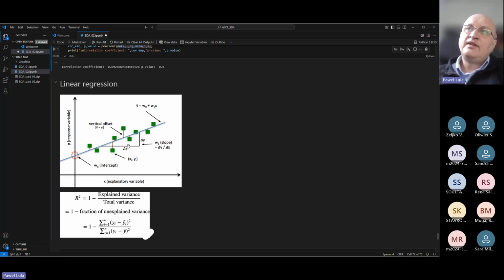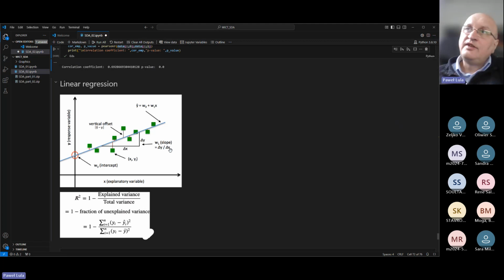This line is defined by two parameters in this case. The intercept point is the point at which this line crosses the y-axis. And the second element is this angle between this line and x-axis.